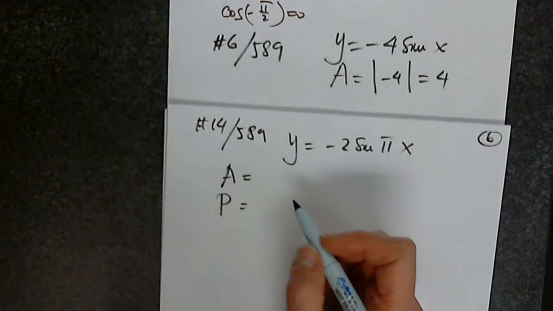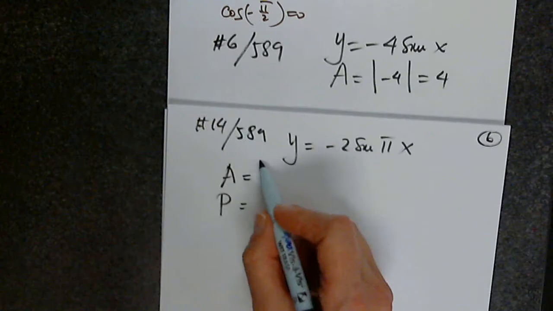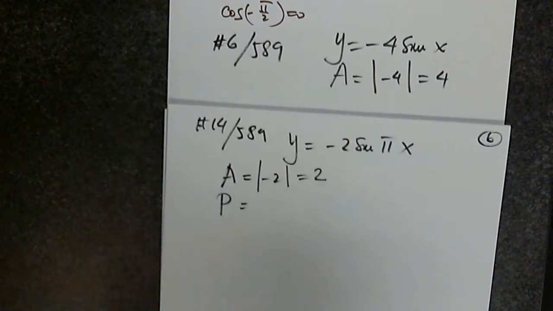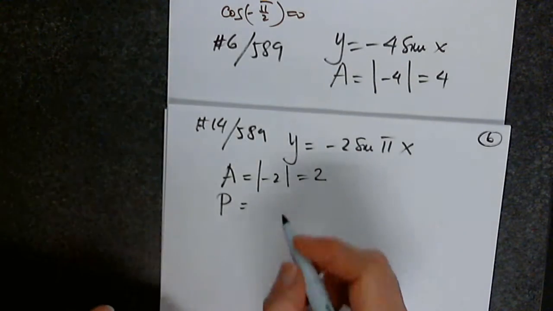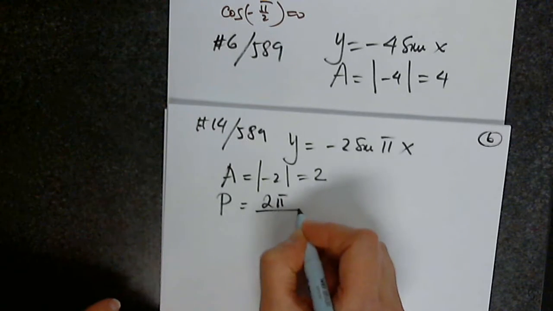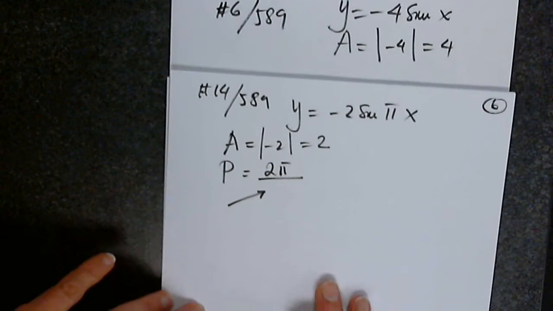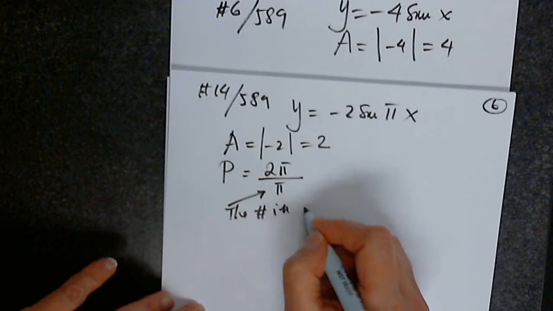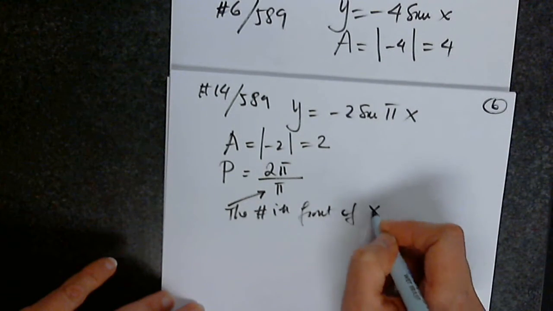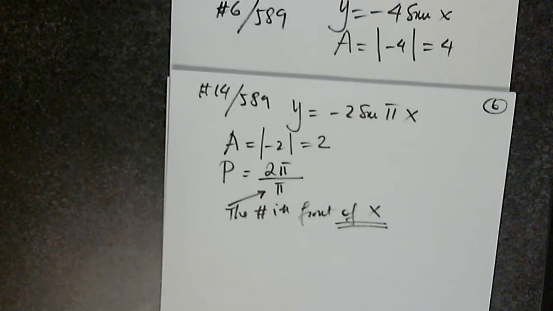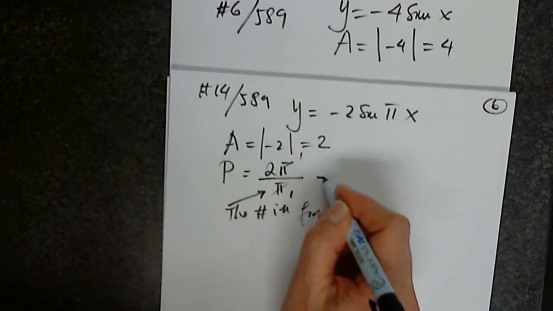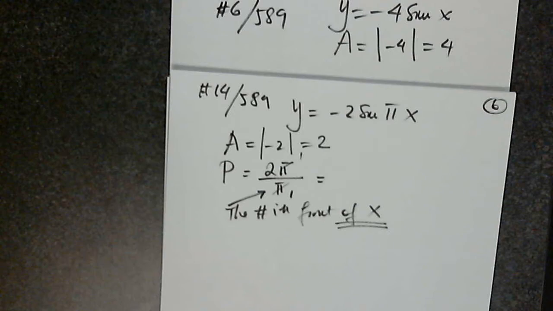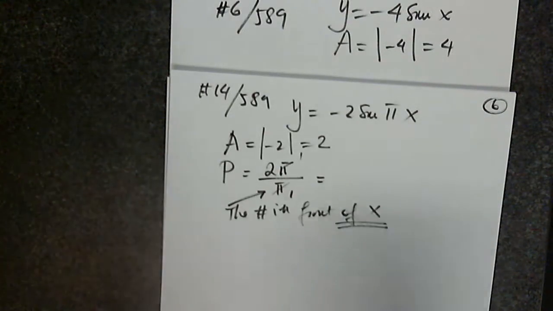Can anyone give us the amplitude for this function? It's the absolute value of 2, which is 2 indeed. Since we're talking about sine, the period must be 2π divided by the number in front of x. Then I simplify π with π, and for this function, the period will be exactly 2.